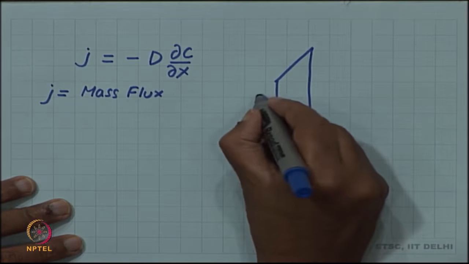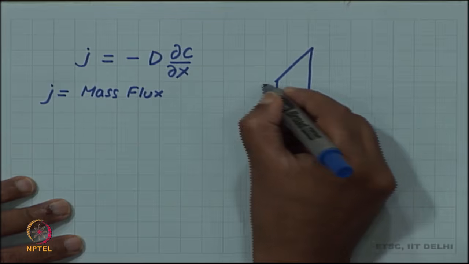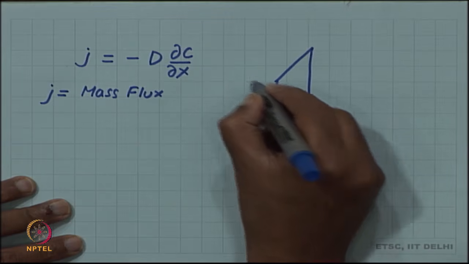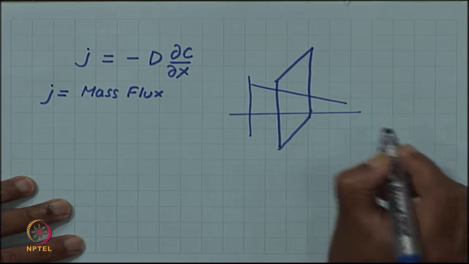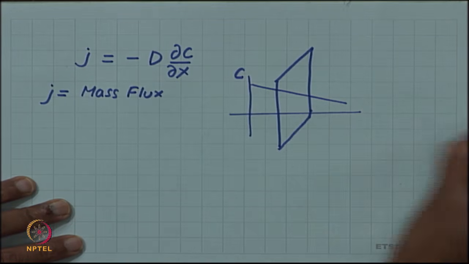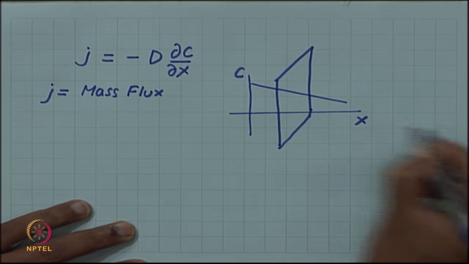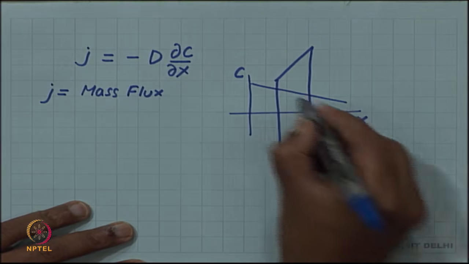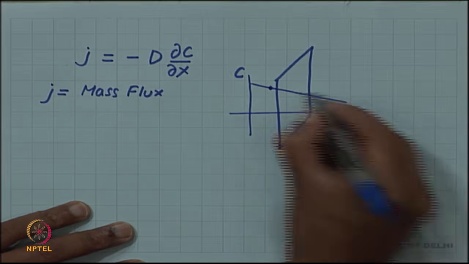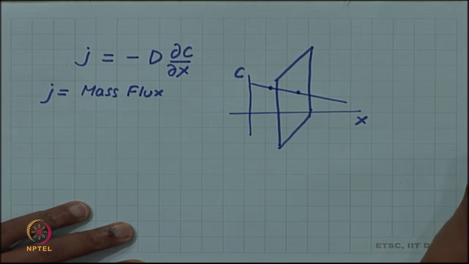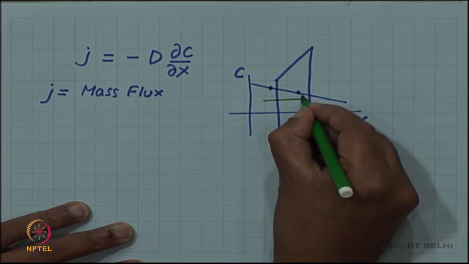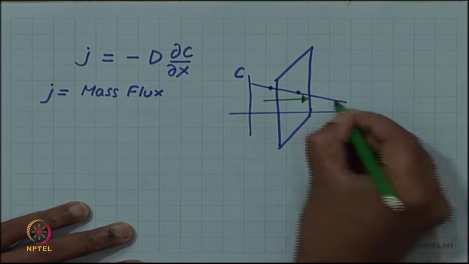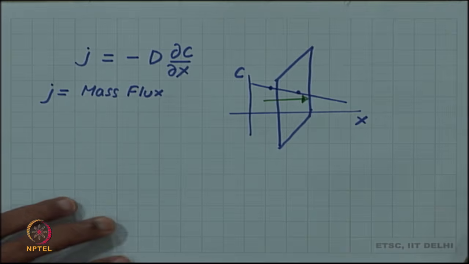Across this area there is a concentration gradient. Let us say that there is a concentration which is changing. If there is a high concentration on this side and a low concentration on this side, mass will cross this area in this direction, from high concentration to the low concentration.